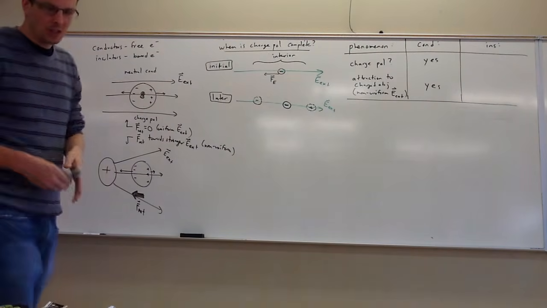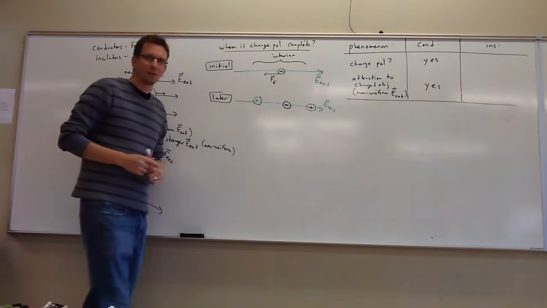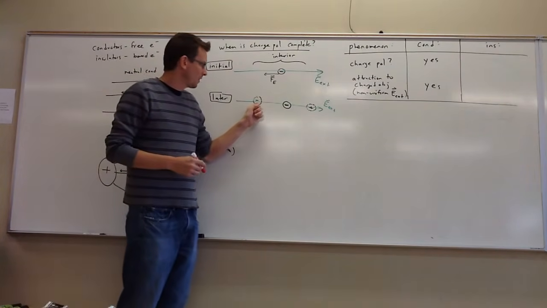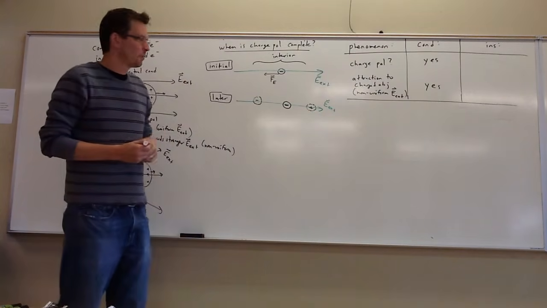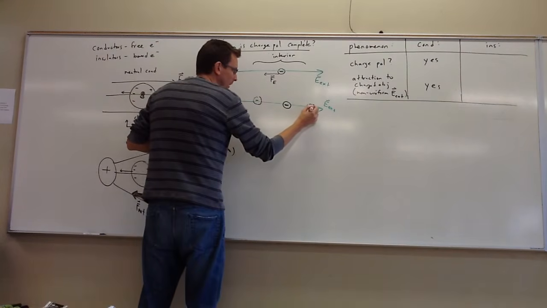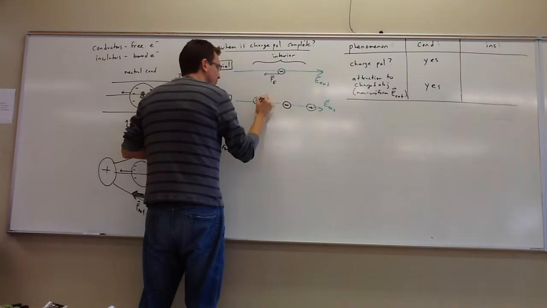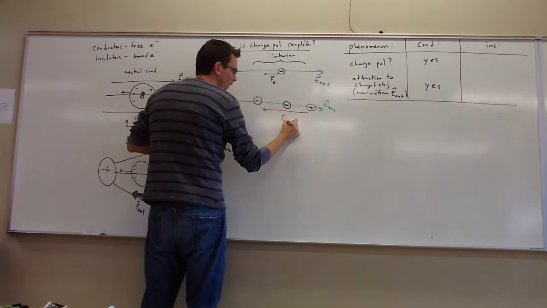So the way we can visualize this, again in the field picture, we can think that there's now a new electric field that's caused by the minus and the plus that went before. And remember, electric field lines point away from plus and toward minus. So I guess if I draw these in red, that might look like this. And I'll call that E induced.